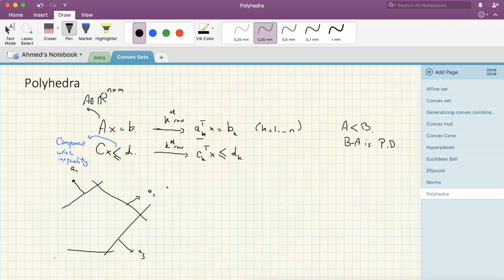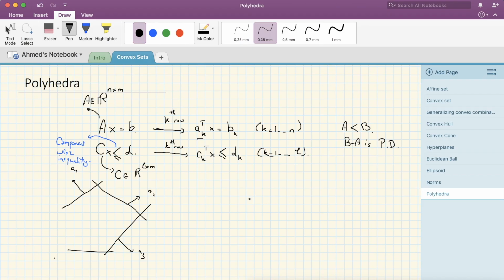Okay, good. So if k goes from 1 till, let's say, it doesn't necessarily have to be n. It could be another thing, let's say L, where C belongs to R^(L by m). This has to be m because if we're talking about the same x here, then it has to have m entries.